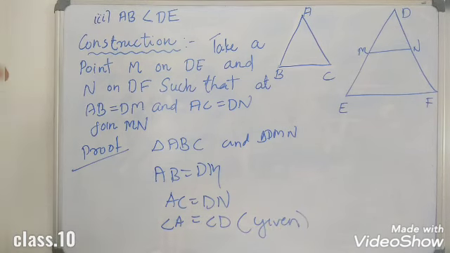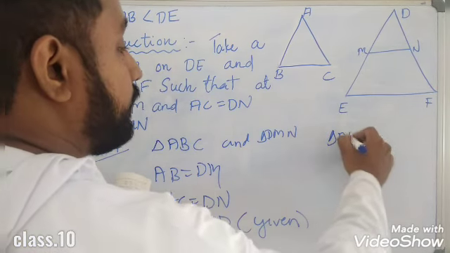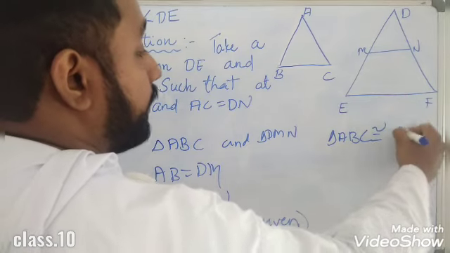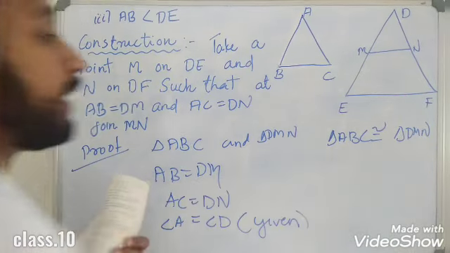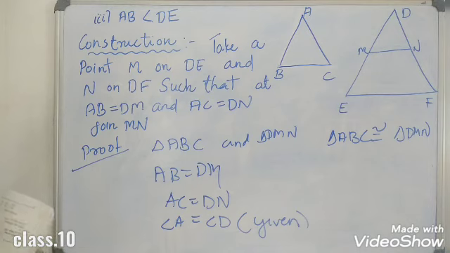In the statement of the theorem, we have angle A equal to angle D. Then these two triangles, triangle ABC is congruent to triangle DMN. AB, DM, AC, DN, angle A, angle D. So we have the SAS congruence axiom. We have triangle ABC congruent to triangle DMN.